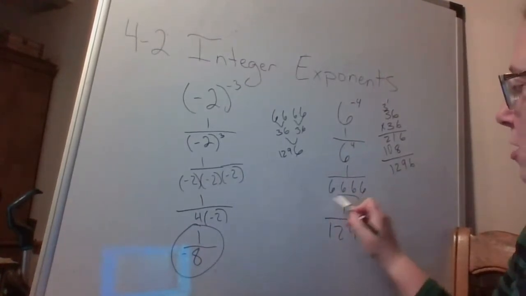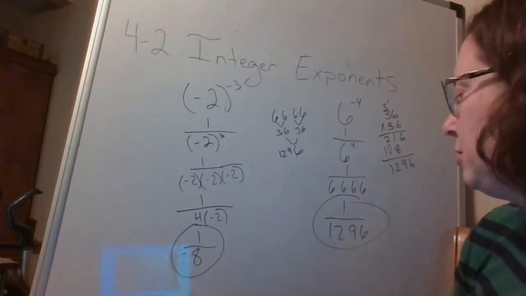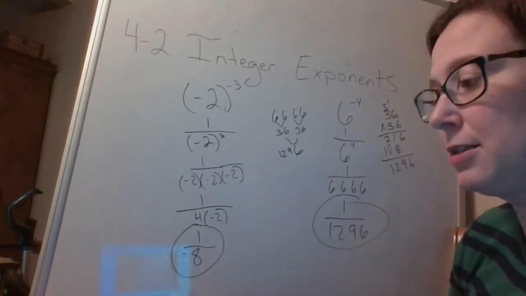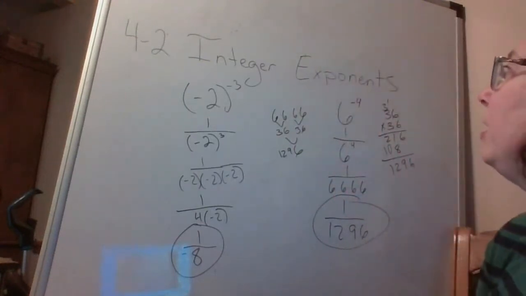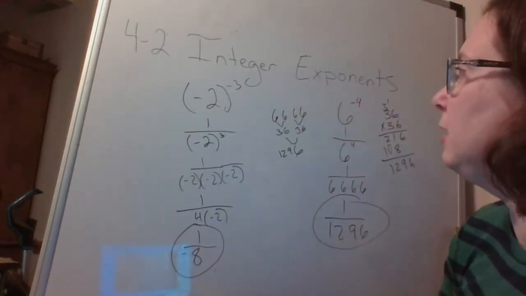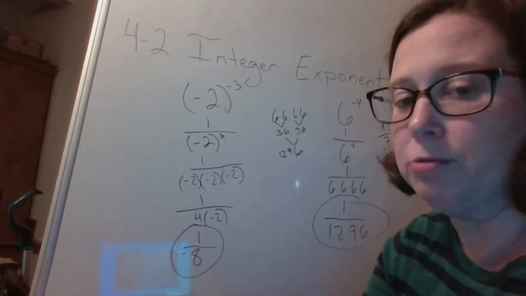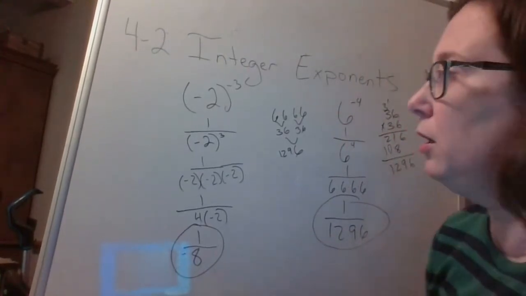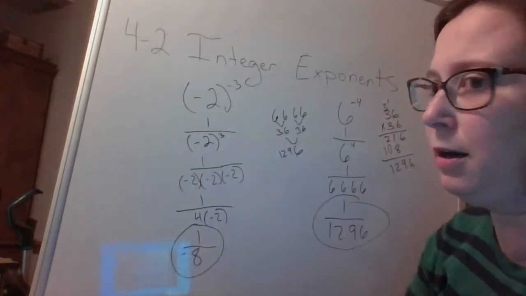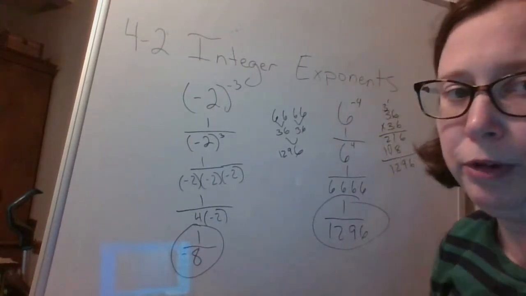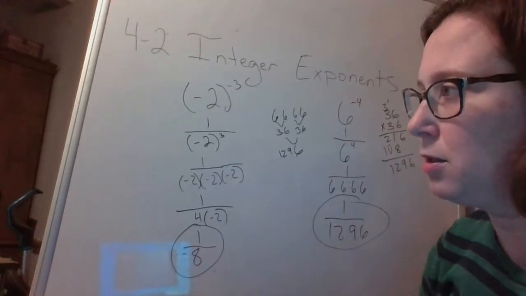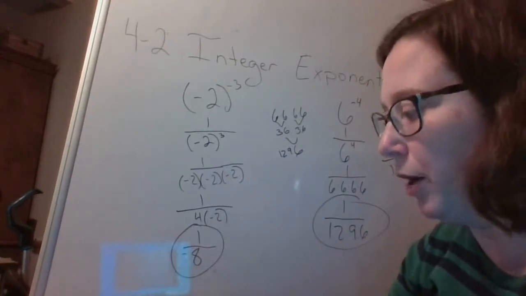So we have 1,296. Remember your THs at the end there. The next thing that we need to talk about are powers of 0. So in our powers of 10 that I had up here earlier, I did have 10 to the power of 0, and hopefully reminded you that anything to the power of 0 equals 1.